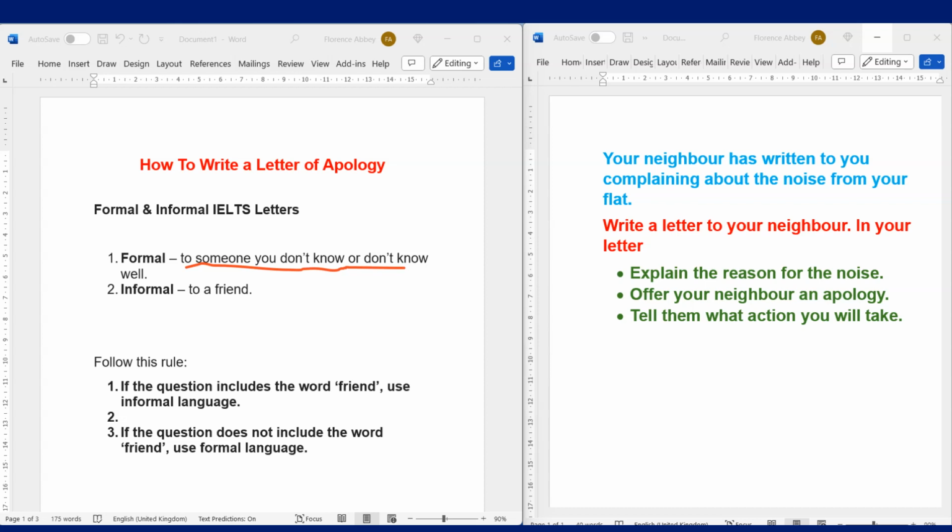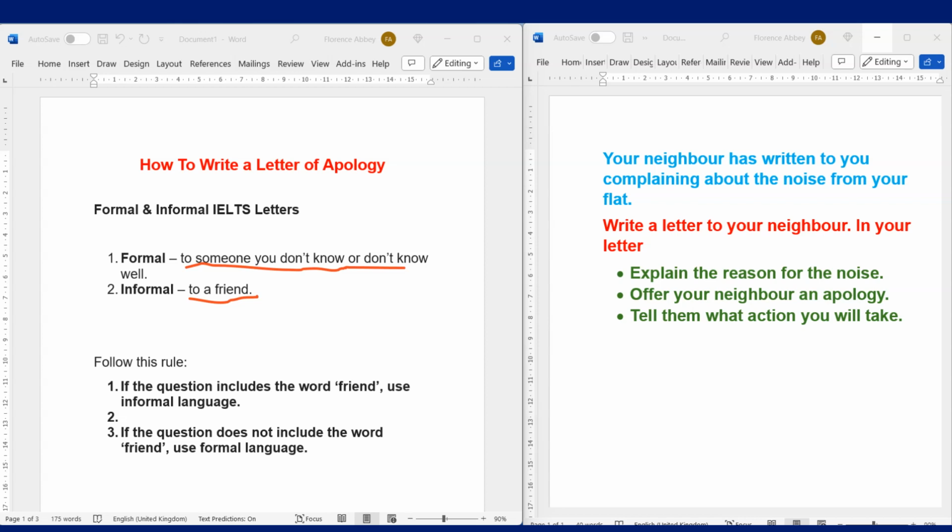If you are writing to somebody whom you don't know or you do not know that much, then you are going to write in a formal format. But if you are writing to a friend, then it has to be addressed in an informal tone. It's very important that you are able to identify what type of question you are required to write. And for you to do that, you have to follow these rules.